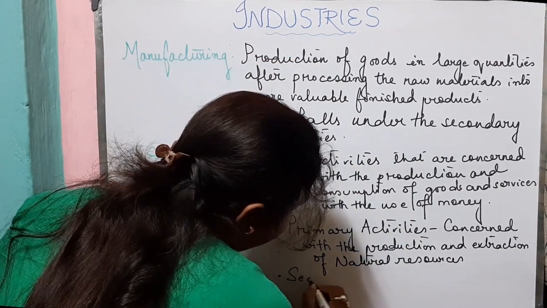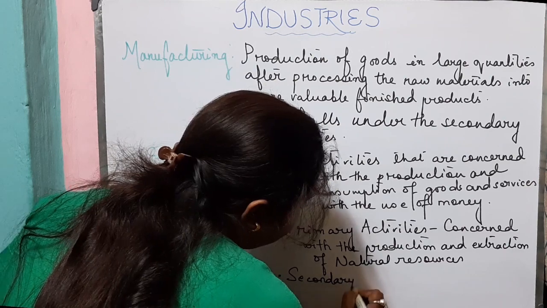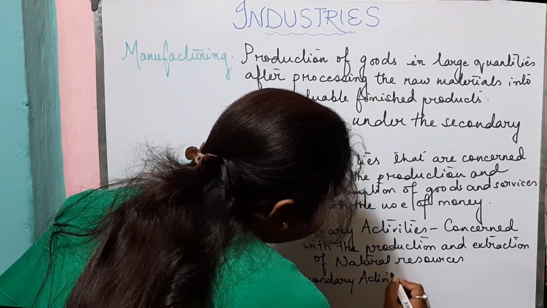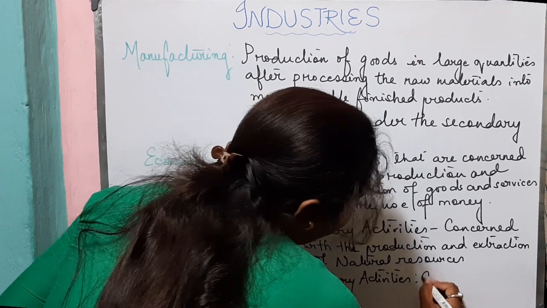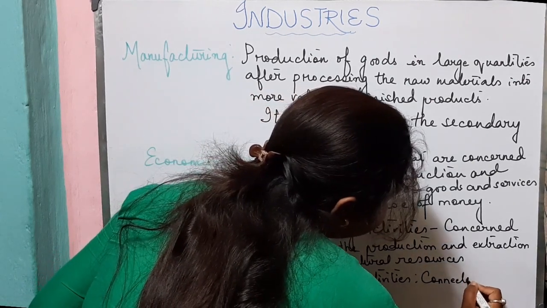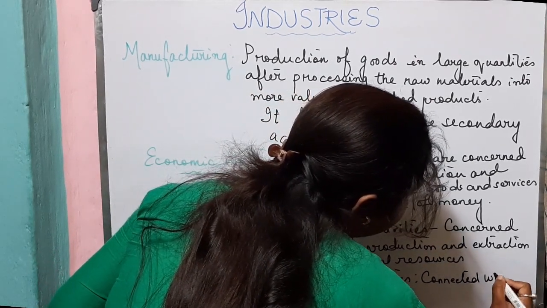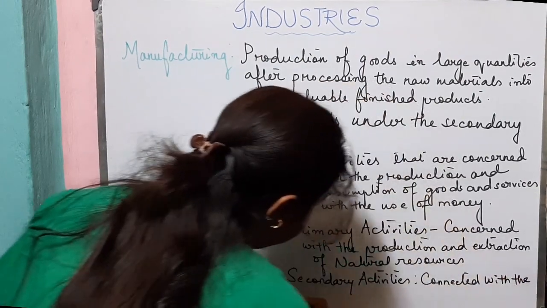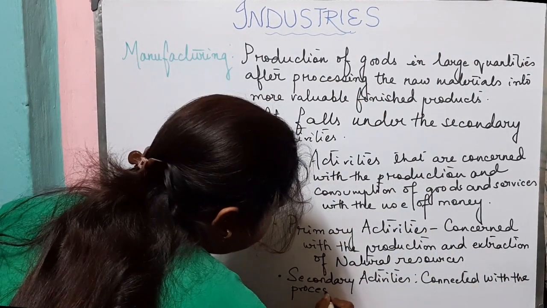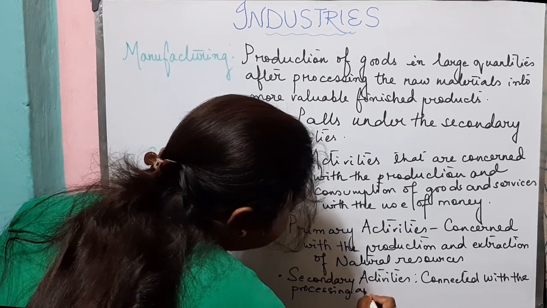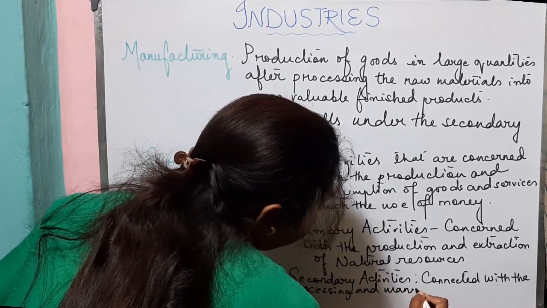Number 2 are the secondary activities, which are connected with the processing and manufacturing.